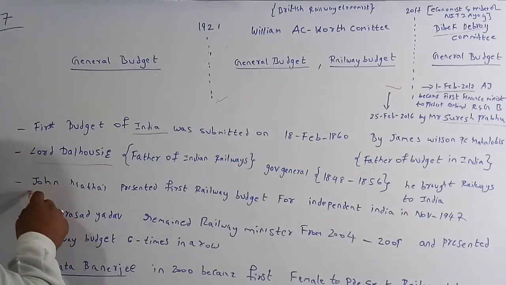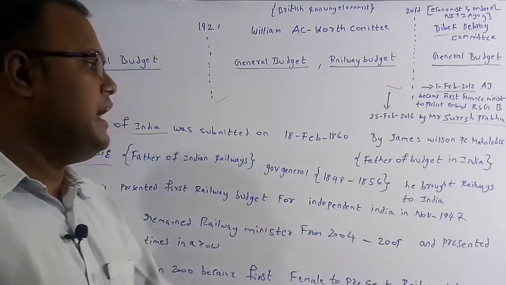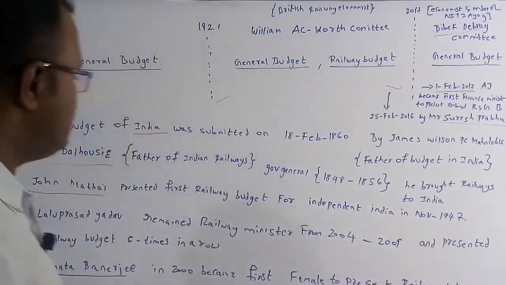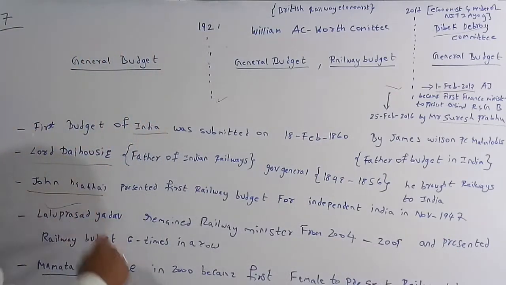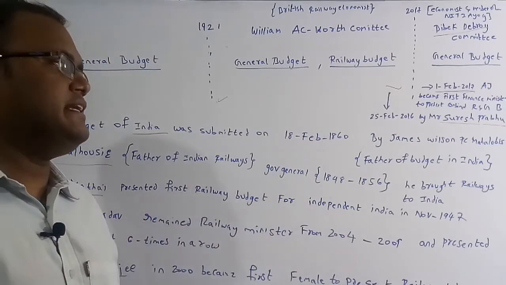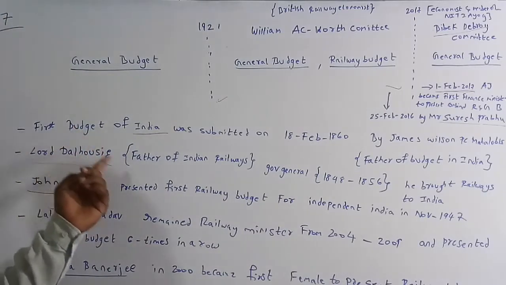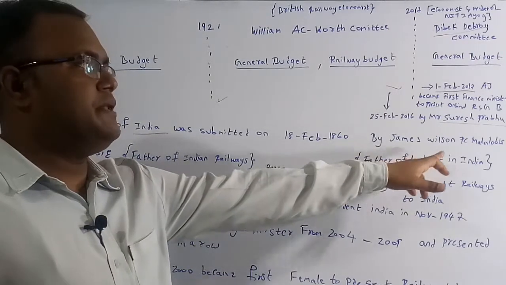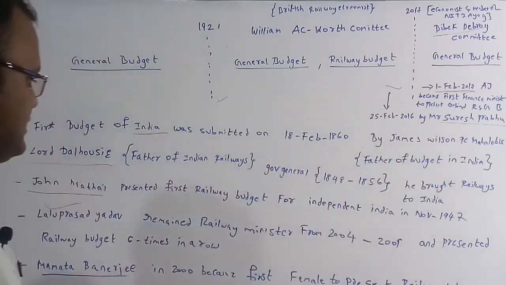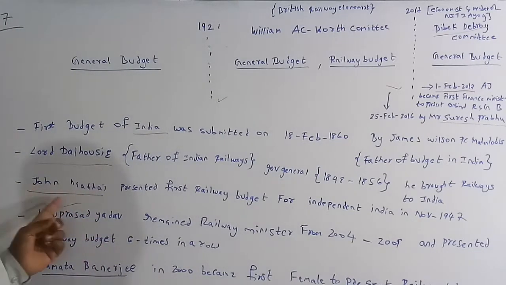John Mathai presented the first railway budget for independent India in November 1947. John Mathai was the first railway minister to present a separate railway budget for independent India. But the first person for British India was James Wilson, P.C. Mahalanobis. For independent India, it is John Mathai.